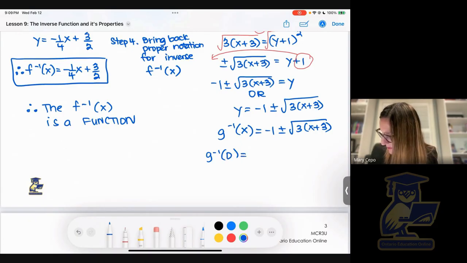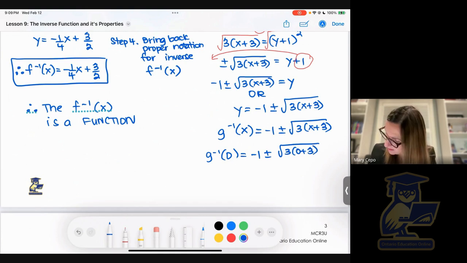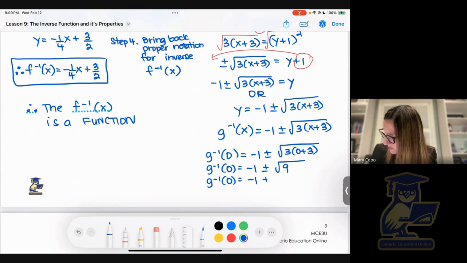Okay, what happens? Do I have one unique value for y? Always following BEDMAS, y is equal to negative 1 plus or minus the square root of 3 times 0 plus 3, which is 3. 3 times 3, which is 9, is equal to negative 1 plus or minus square root of 9, which is 3.